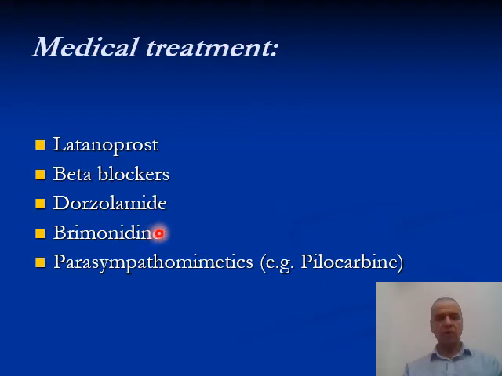Brimonidine is an alpha agonist acting by decreasing aqueous production and increasing drainage of aqueous. Usually we start with one medication. If we cannot reach the target pressure or safe pressure, we can add more, and the maximum we should use is 3 of these topical drops.